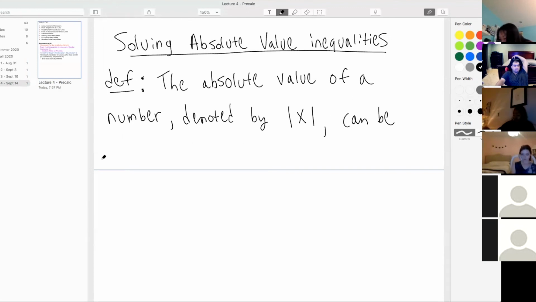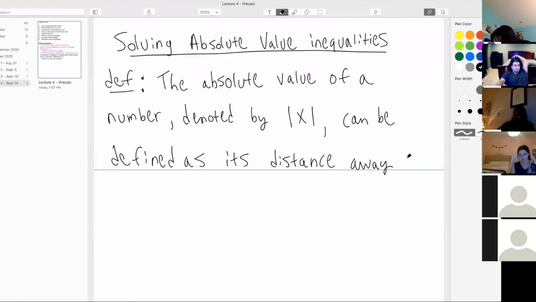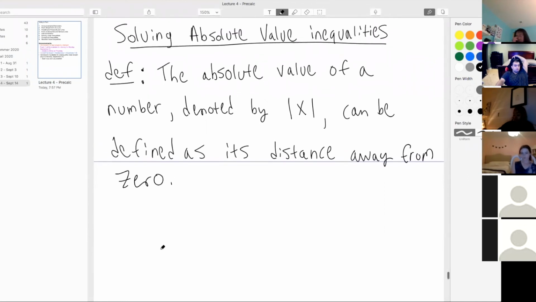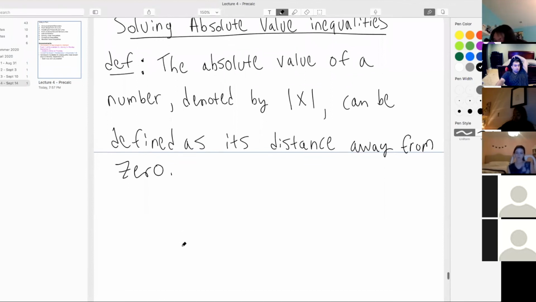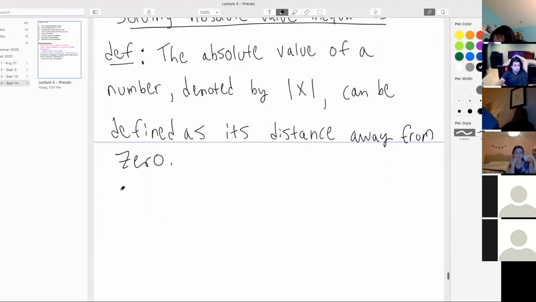It has multiple definitions, but the one we'll go with for tonight is that it can be defined as its distance away from 0. Okay. So how far is our number away from 0 on the number line?